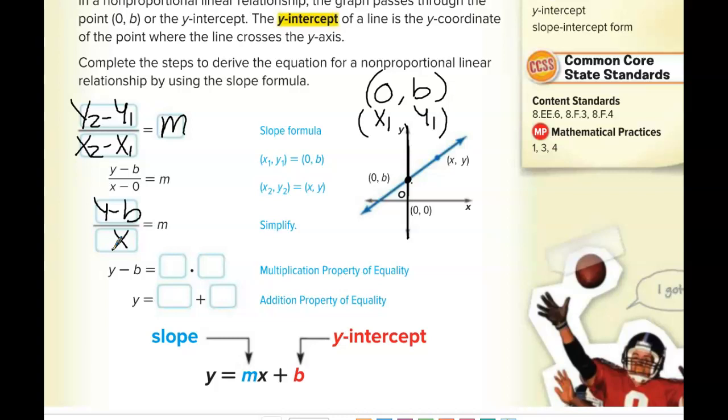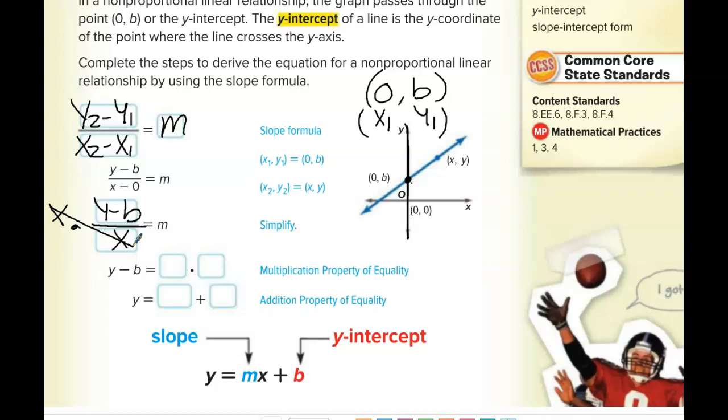Okay? So right here, you have y minus b divided by x, correct? That's what this means. How do I get x to the opposite side? I would multiply, because the opposite of division is multiplication. So if I multiply by x on that side, that gives me 1, which I don't need to write. So if you multiply by x on one side, you have to do it to the other side.